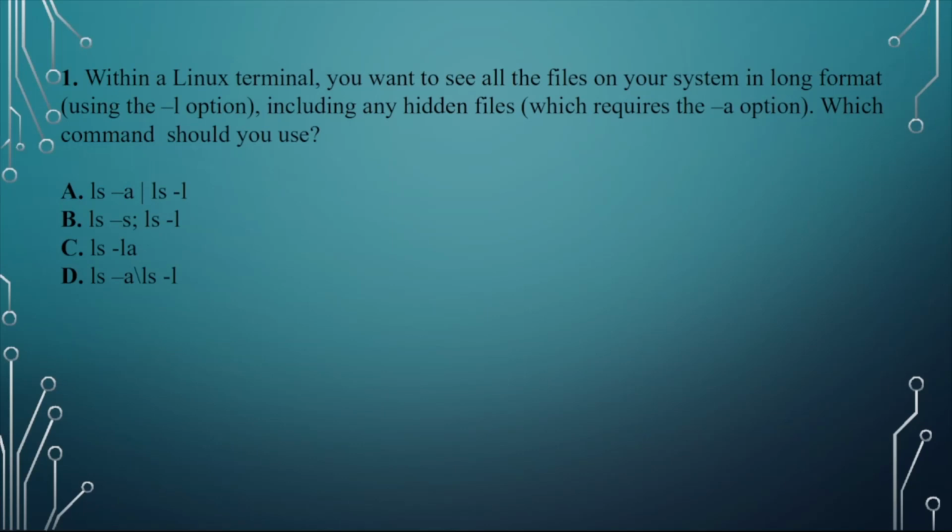Question number 1. Within a Linux terminal, you want to see all the files on your system in long format using the -l option, including any hidden files, which requires the -a option. Which command should you use?